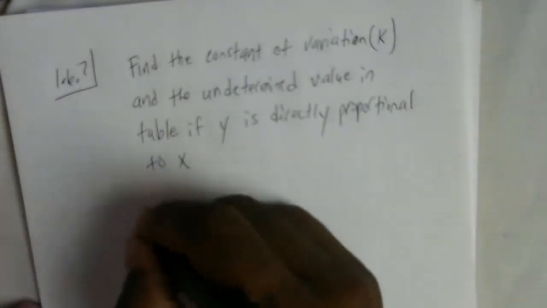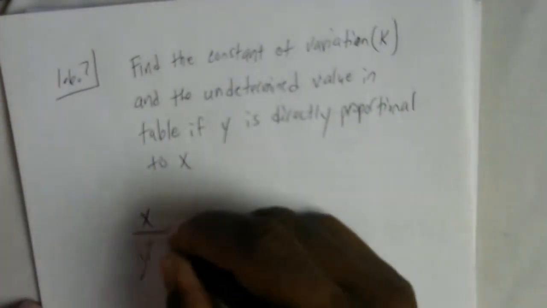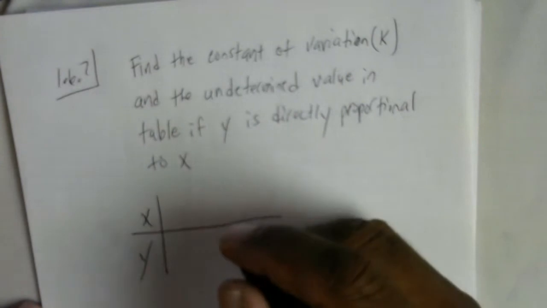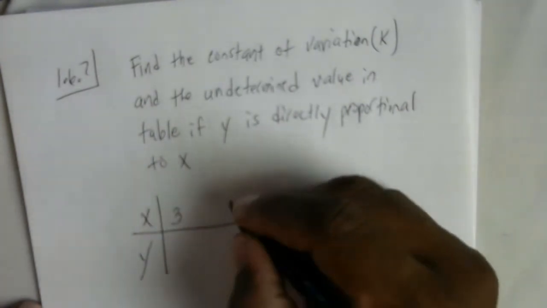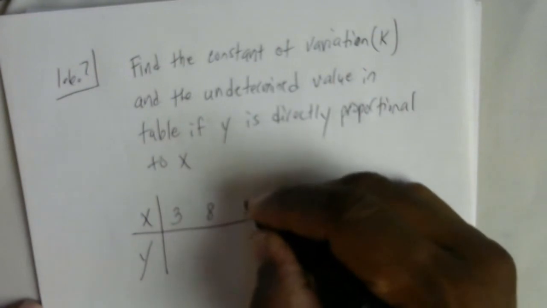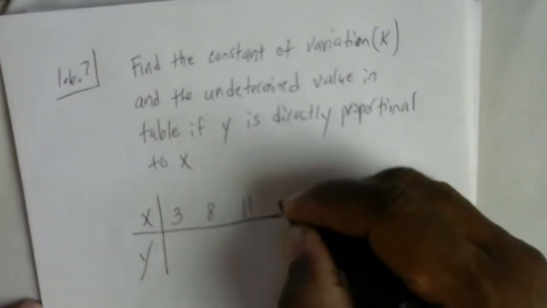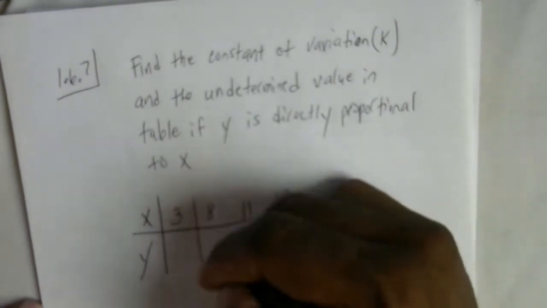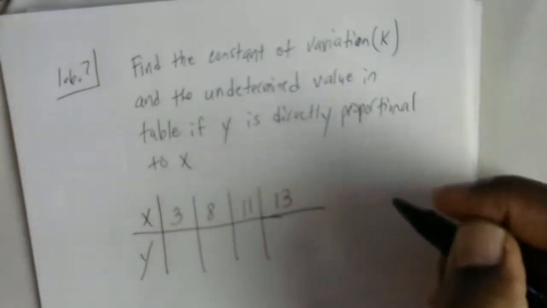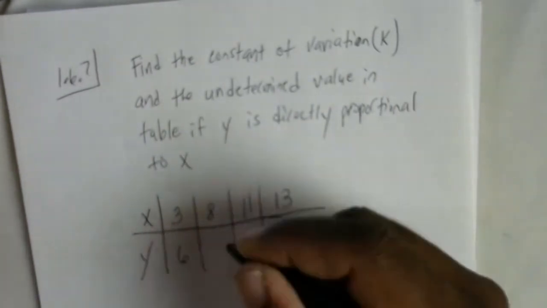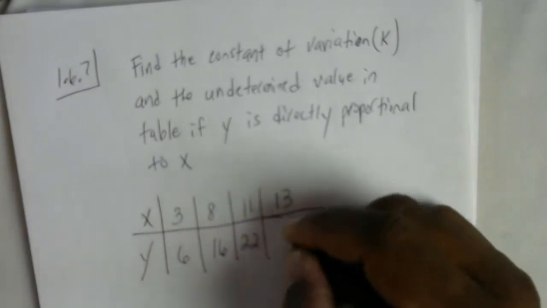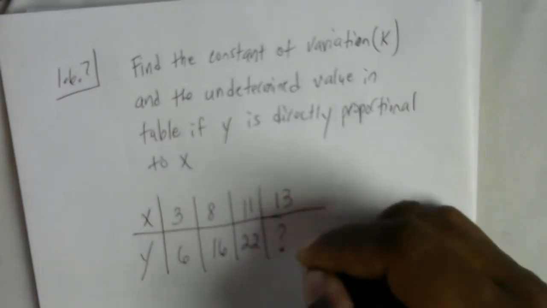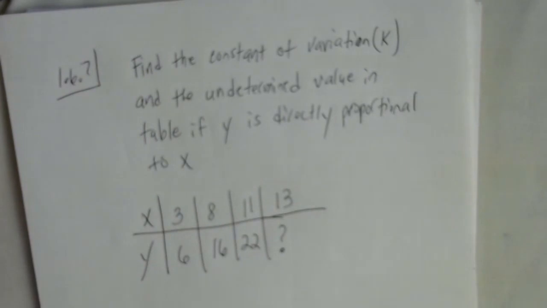So here's the table. We're just given an x and y table, and we're given these values for x: 3, 8, 11, 13, and for y we're given 6, 16, 22, and a question mark.